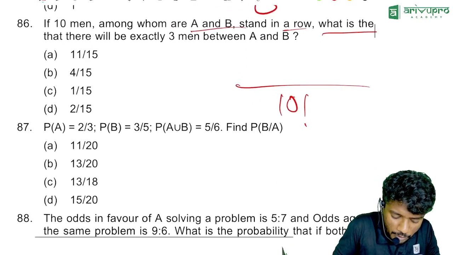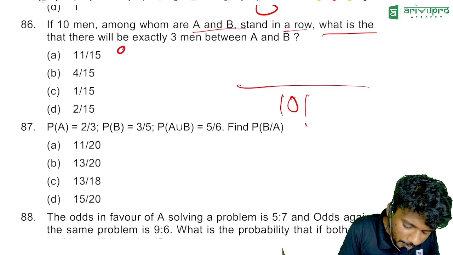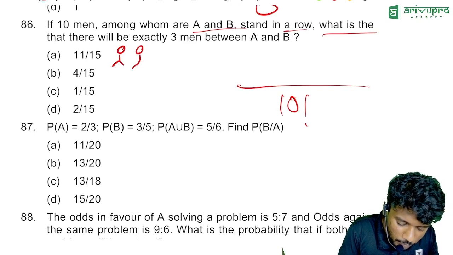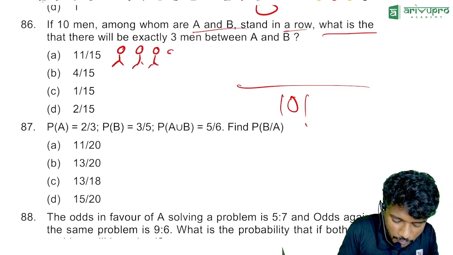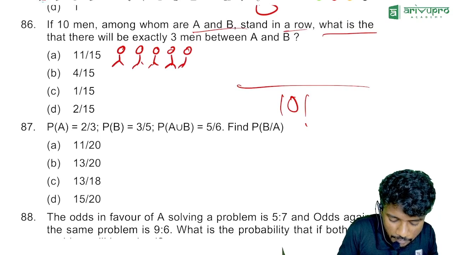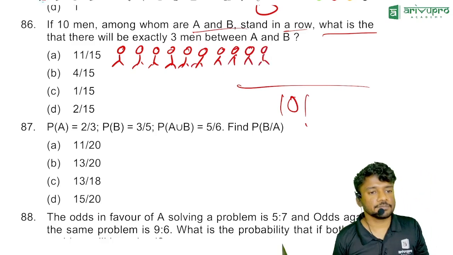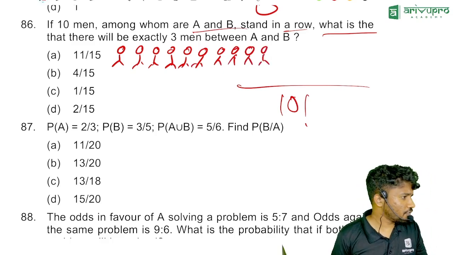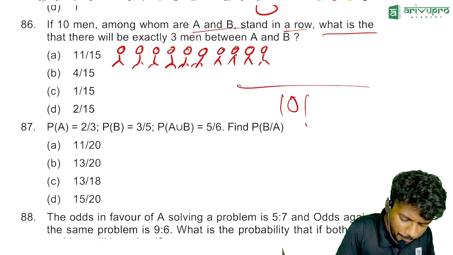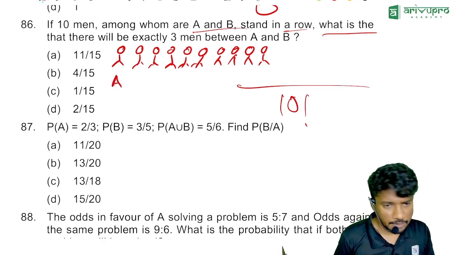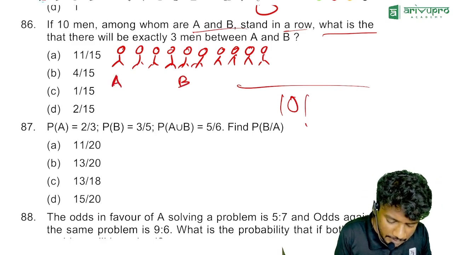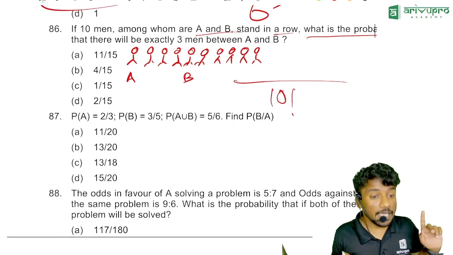Now I am asking you one question. Positions 1, 2, 3, 4, 5, 6, 7, 8, 9, and 10. If A is here and B is here, 3 men should be there in between A and B, right?